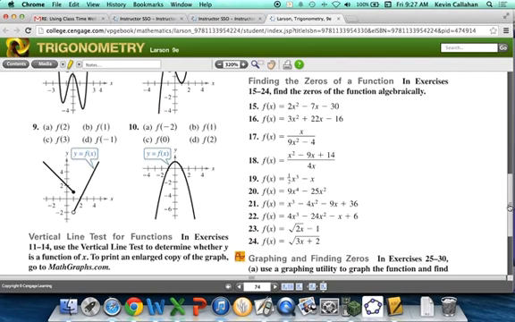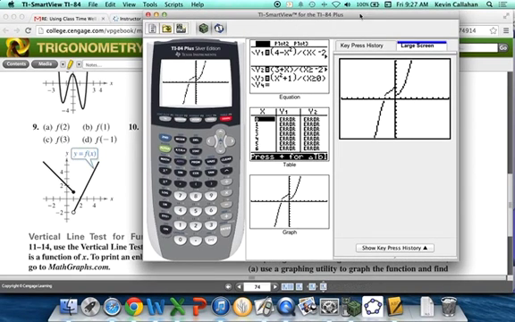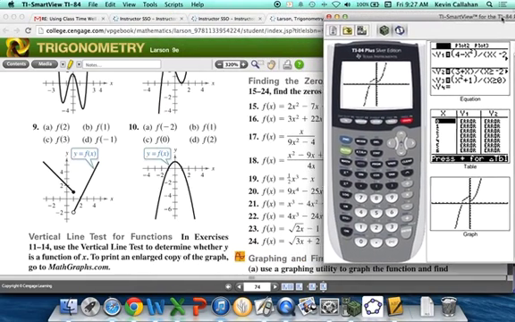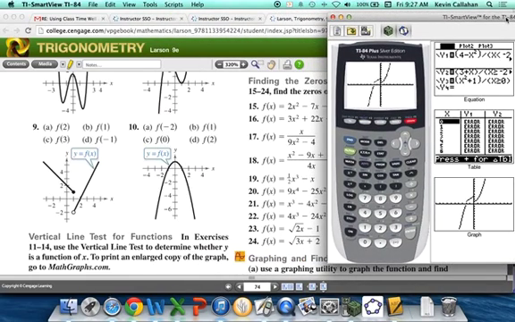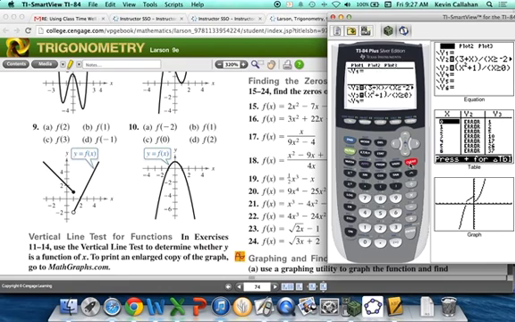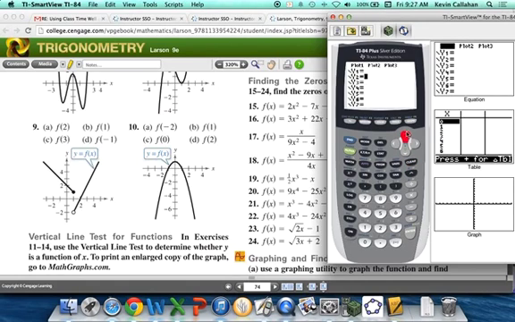Right? You're going to put it in your calculator on the y equals line, right? Clear, clear, boom, boom.